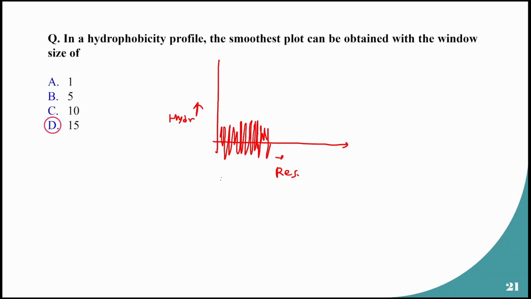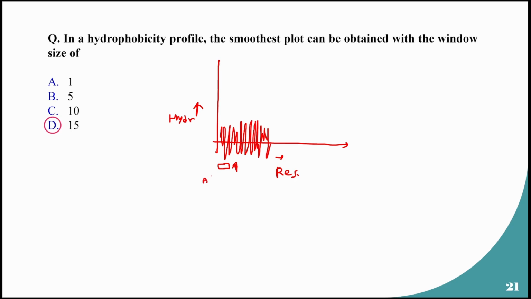So what you can do here, instead of taking all of the amino acid residues present in this particular sequence, is introduce a window size. Let's say this is a 4-size window, and then you input the different hydrophobicity values for the amino acids.